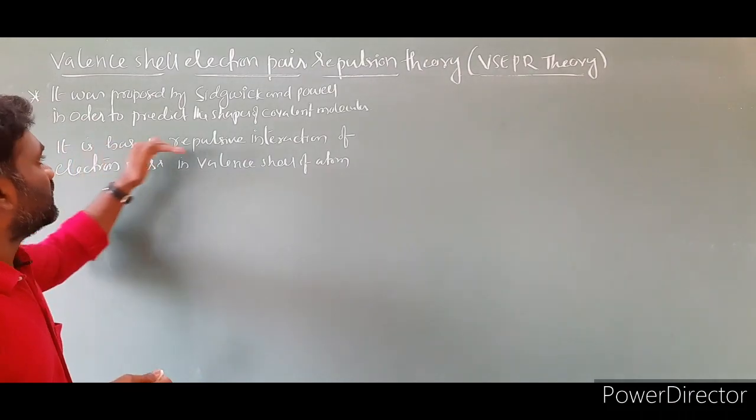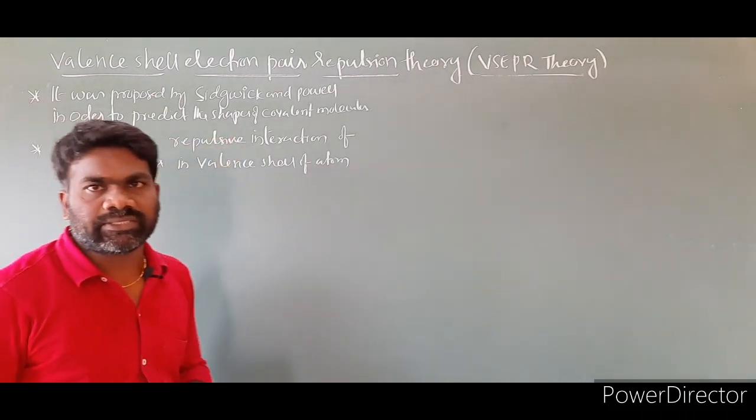So this theory is based on the repulsive interactions between the electron pairs in the valence shell of an atom.